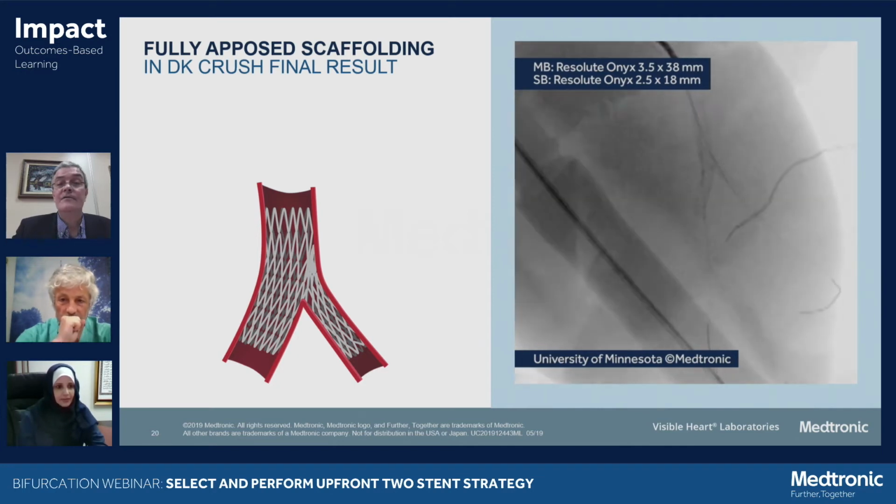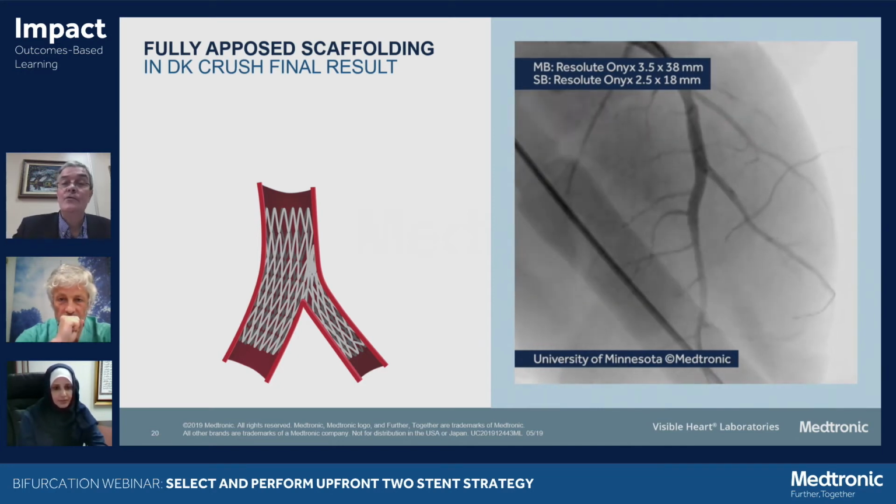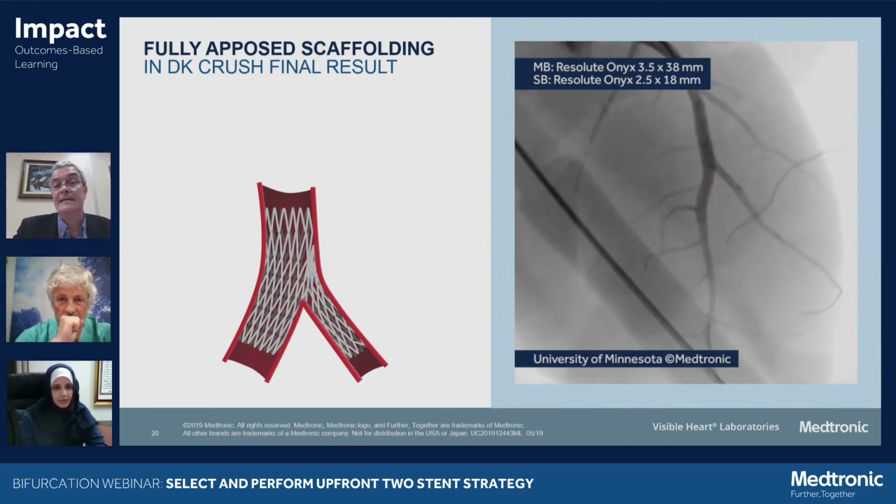There is a question for you, Mirvat, whether you were thinking of using mechanical support in this case or was not necessary? So no, we are very selective in our mechanical support. This was not the last remaining vessel. The LV function was well preserved. The patient was not in pulmonary edema. The EDP was not abnormal. It was euvolemic, ejection fraction of 45%.